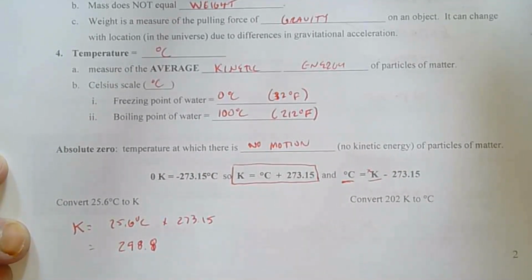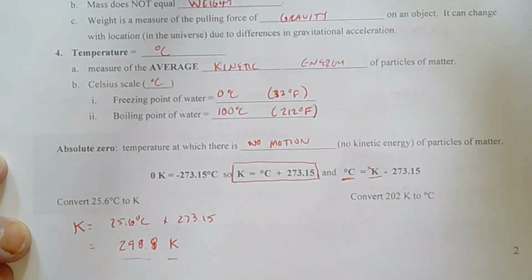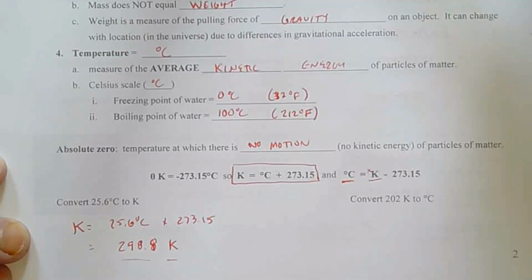Very important: get the value and the unit. And we will discuss later in this unit why there's a single decimal place here when this has 1 decimal place and this has 2. We will get into that later. But the key thing is whenever you do a calculation, always have a value and a unit. It's going to be very important because you'll get points for both the correct unit and the correct answer with the correct numbers.